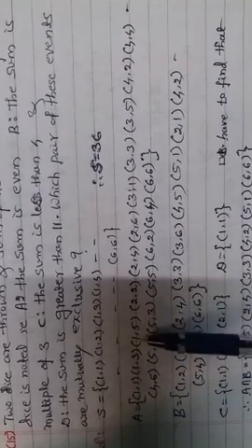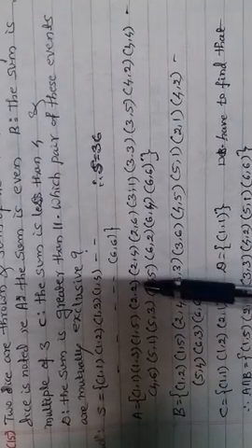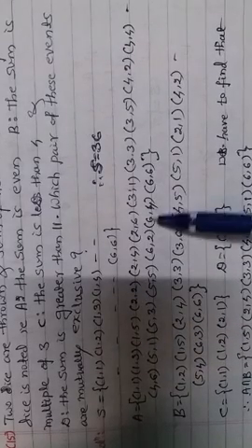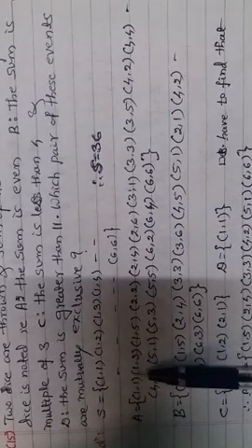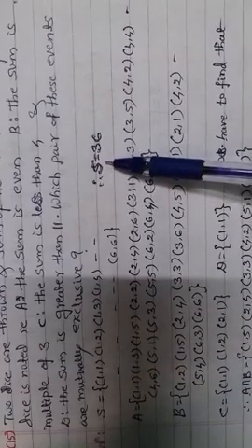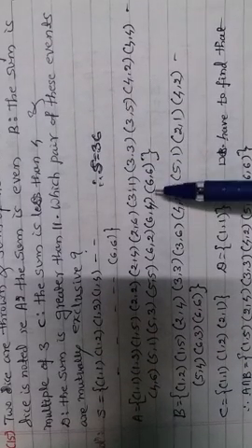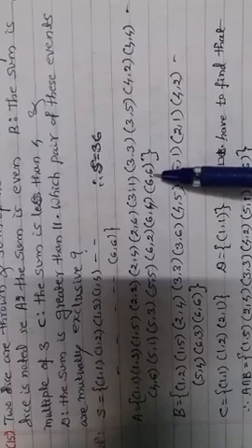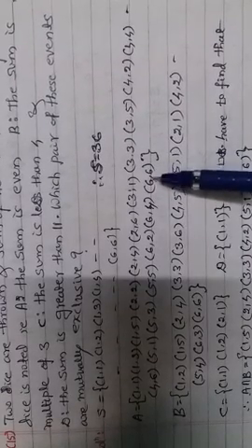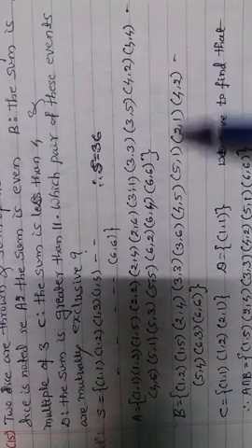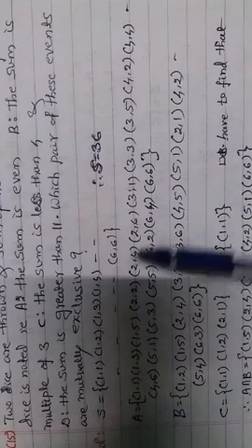Here 1 plus 5 gives 6. Then 2, 2. All these are outcomes taken from the total 36 outcomes, with the condition that their sum should be an even number. Once again, check that all of these are even numbers.